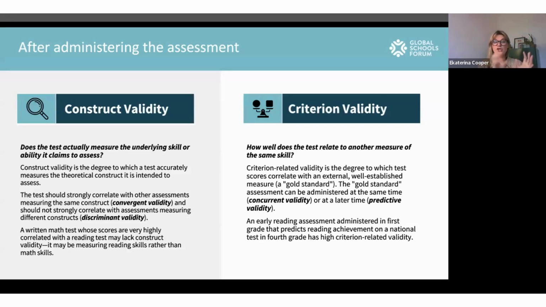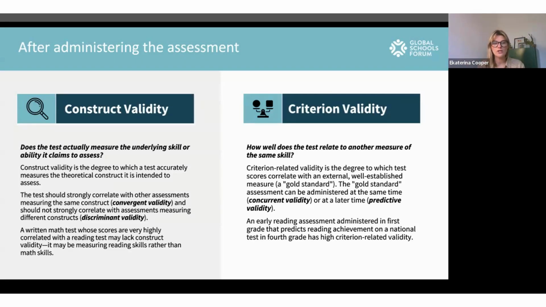If we have a strong relationship with an unrelated construct, we have a problem. So we want to ensure that the tool measures the similar construct as holistically as possible, and is not related to any other construct.